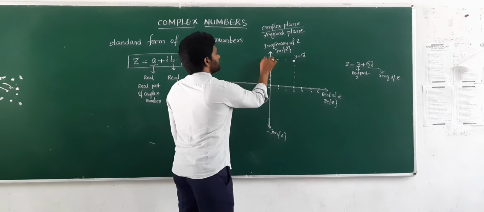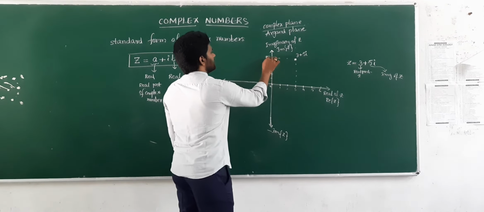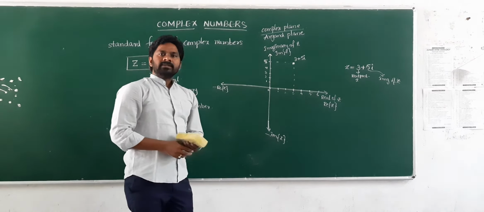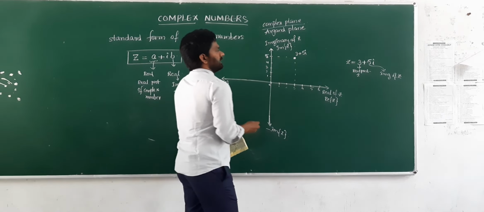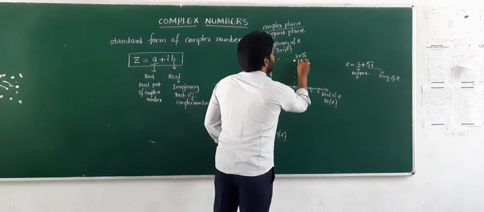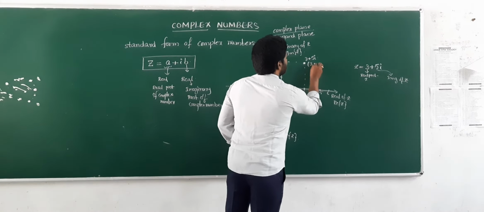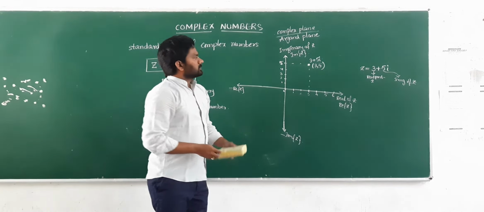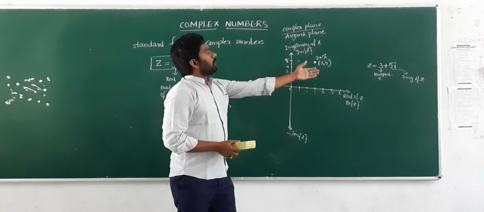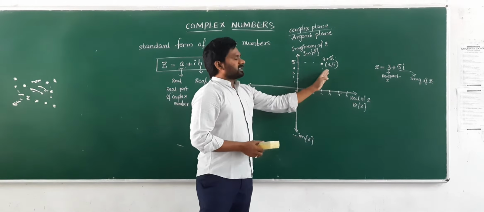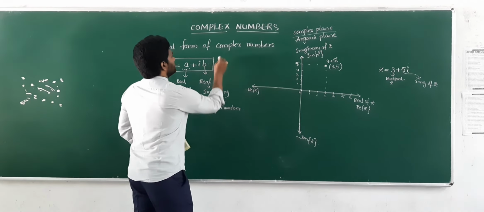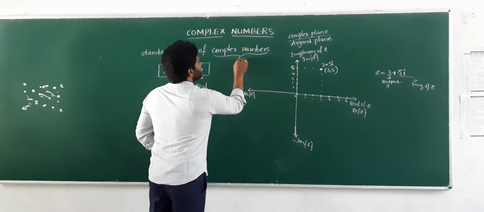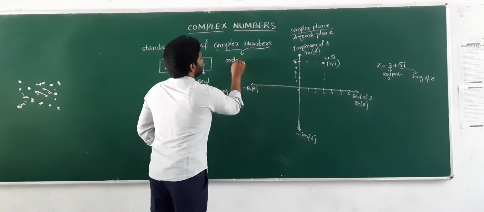Because the y-axis, the imaginary axis, is represented with iota. So 3 plus 5i can also be written as 3 comma 5. That is why we call a complex number an ordered pair.